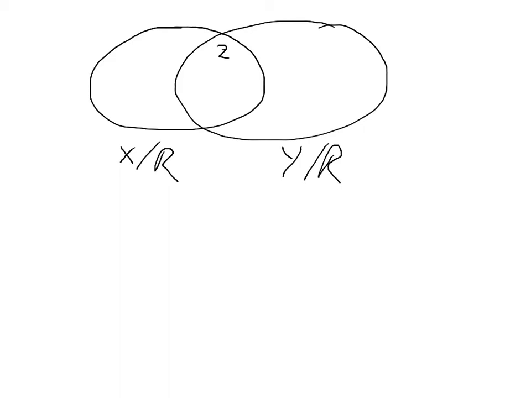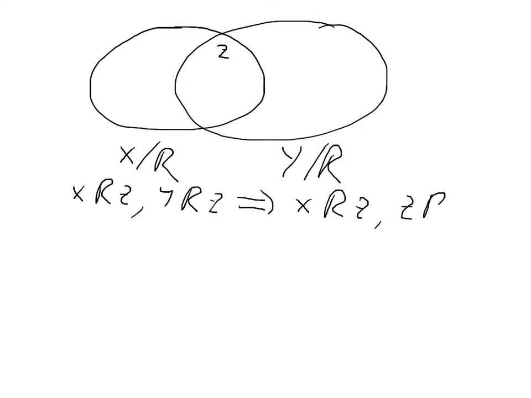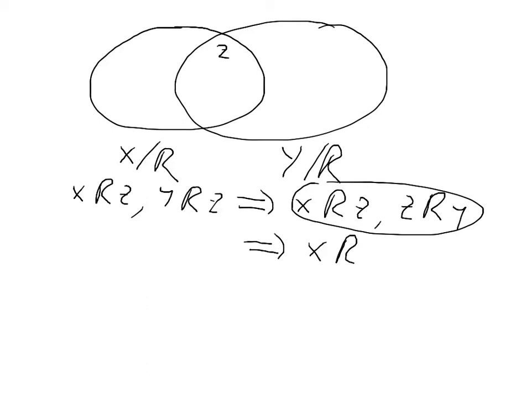That means that X is related to Z, and it also means that Y is related to Z. Well, if Y is related to Z, this implies, I'll just copy the first one down again, X is related to Z, and the fact that Y is related to Z by symmetry means that Z is related to Y, and together these things imply that X is related to Y. And that's by transitivity.